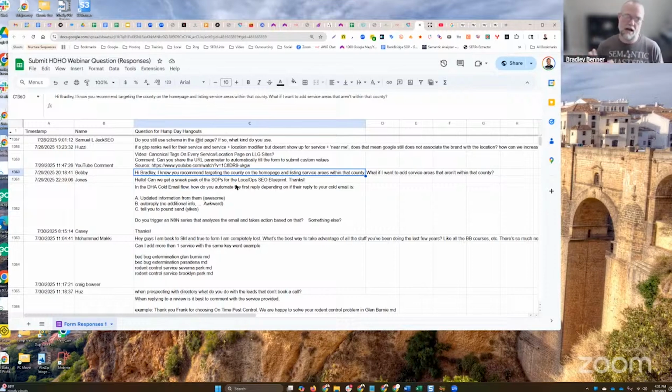You want to find the location region that is the most appropriate and narrow, that is all inclusive of the areas covered by that business, but narrow enough to be specific to just those locations. That's why I always recommend starting with the county. But again, if there are other locations they're targeting outside of one specific county, then you have to go to the next broader region. That's clear. Okay.